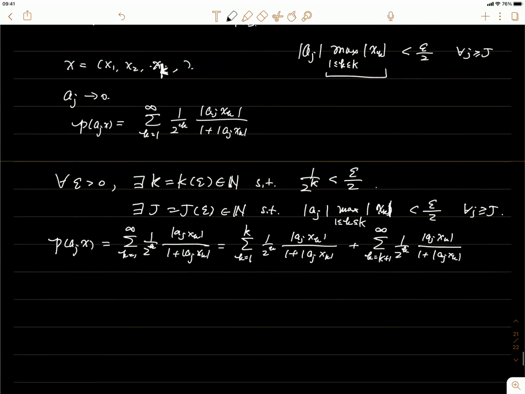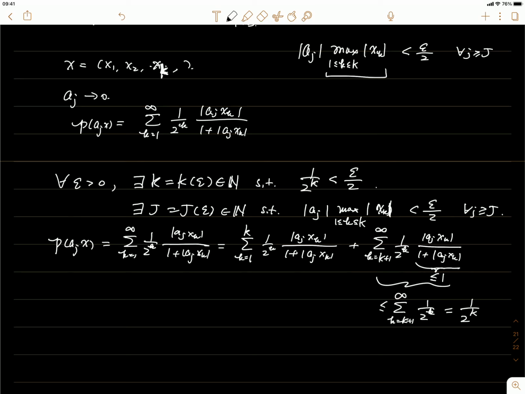Okay, and now I'm going to use the property we just showed. This one is less than or equal to 1, no matter what, right? Because it's something divided by 1 plus our numbers, so it's less than or equal to 1. So that means that the whole thing here is less than or equal to the sum from k equals capital K plus 1 to infinity of 1 over 2 to the k. And this is equal to 1 over 2 to the capital K, because this is a geometric sequence.